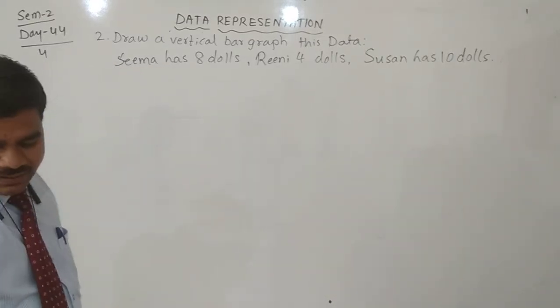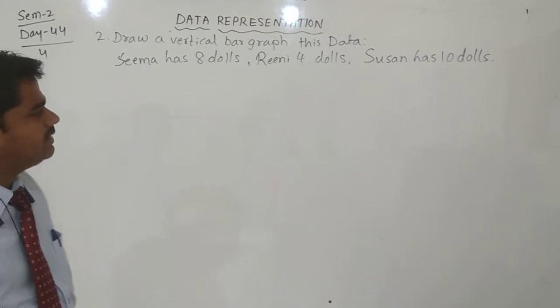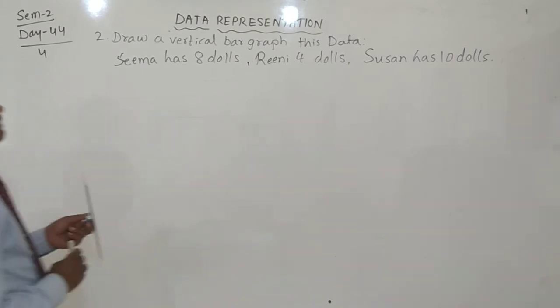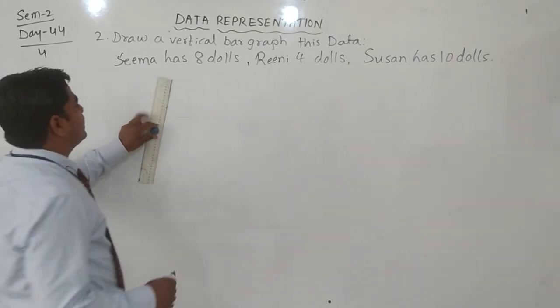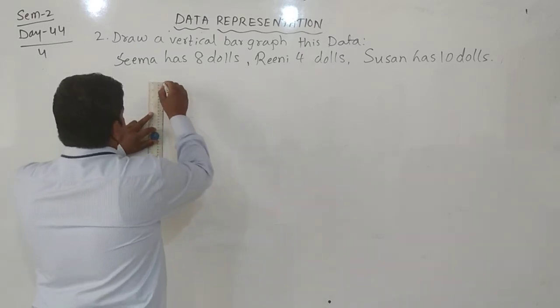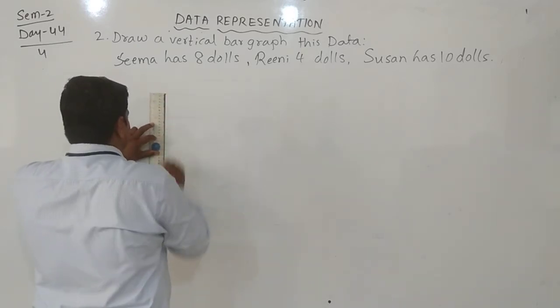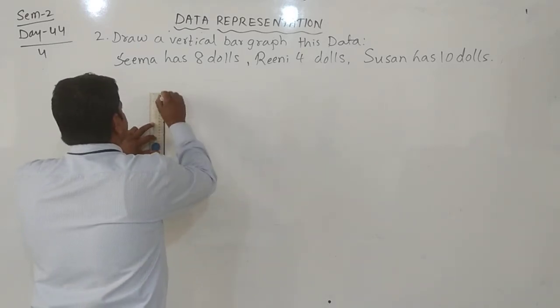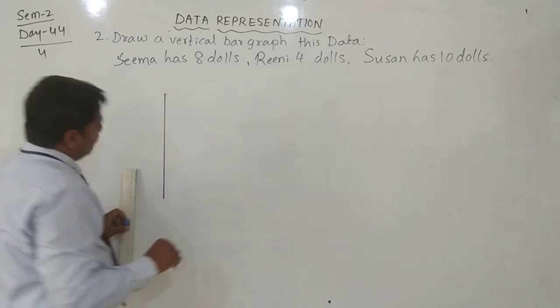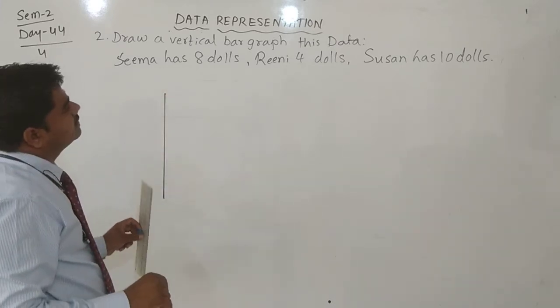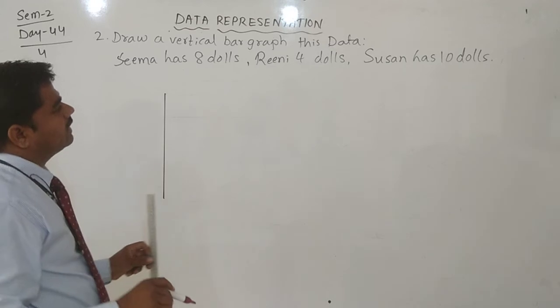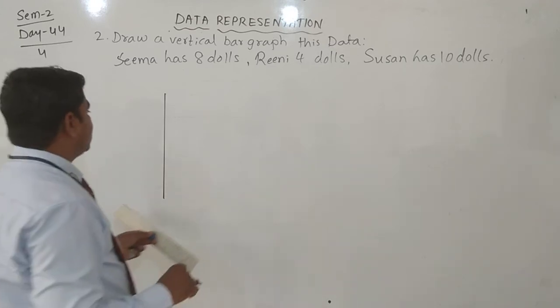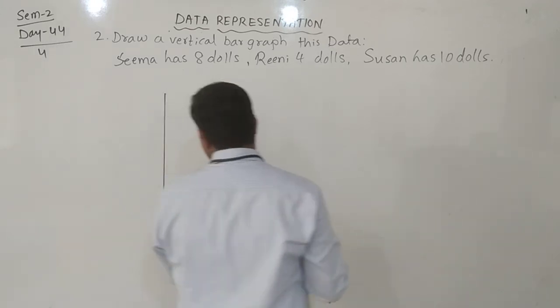How many are there? 3 are there. 3 labels. The number of dolls is maximum 10. Then they told us a vertical bar graph. This is the title you can write. What is the title for this one? Number of dolls, or dolls with the children.